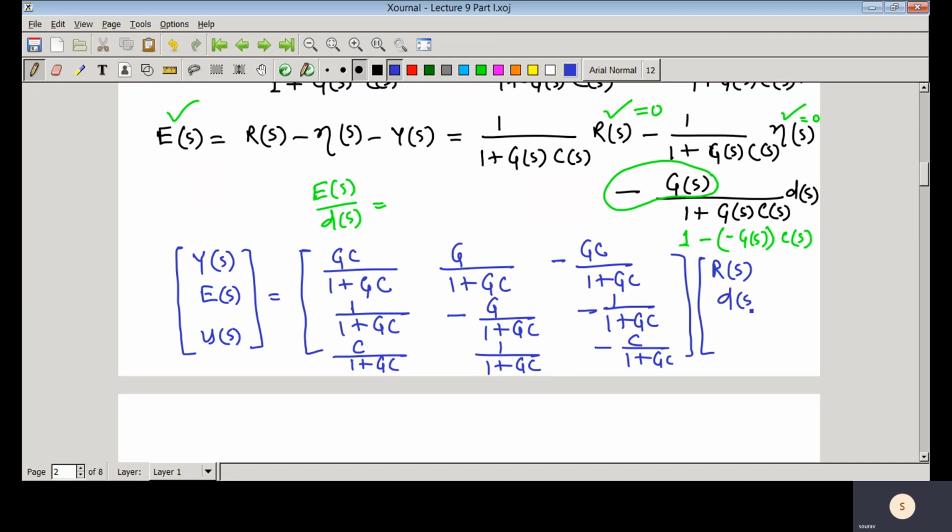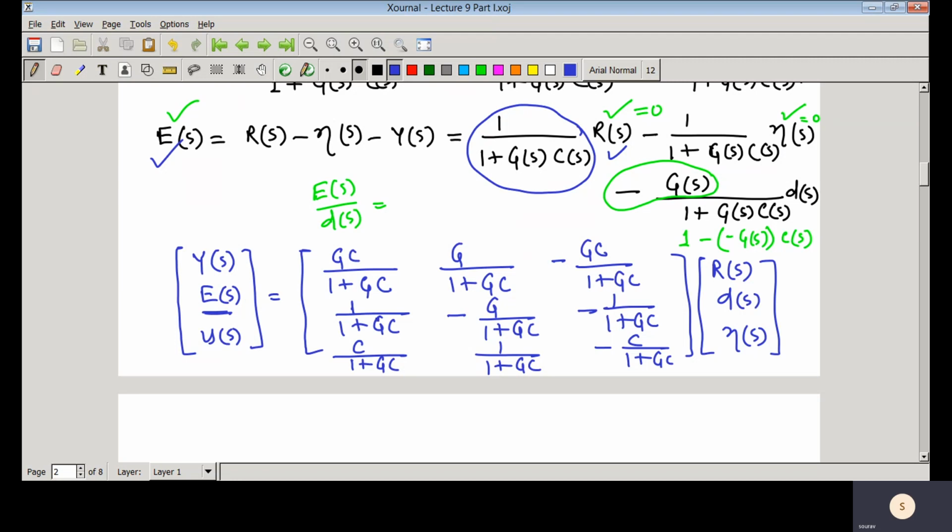D(s) and eta(s). You can look at the last equation, which is eta(s). You can see that eta(s) equals this transfer function into R(s).